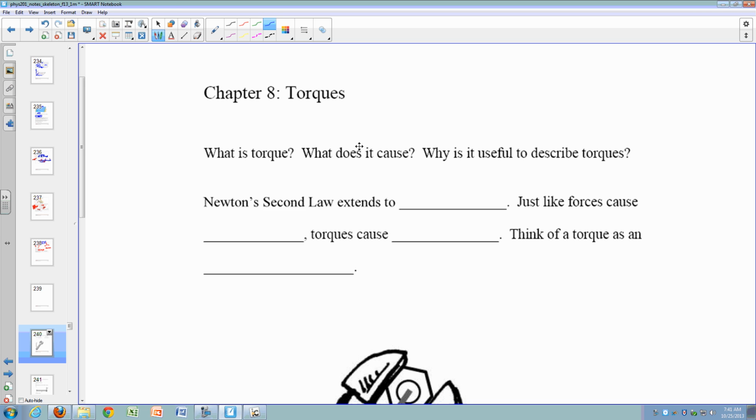What else do you think of when you think of torque? Maybe I should just tell you what I'm thinking of, right? Like a torque wrench. You ever use a torque wrench? A torque wrench tells you how much you tightened a bolt, and you put in a certain force over a certain length of your torque wrench, and that gives you your torque.